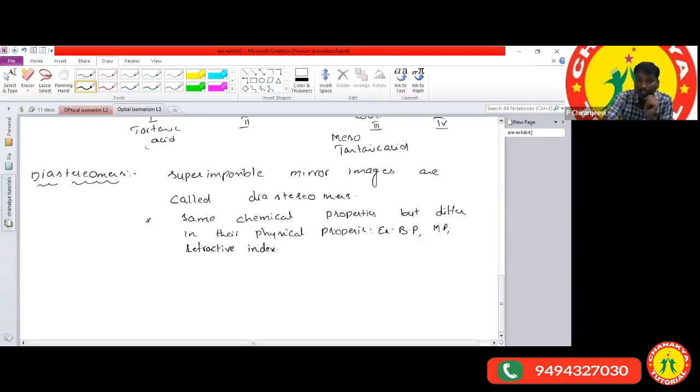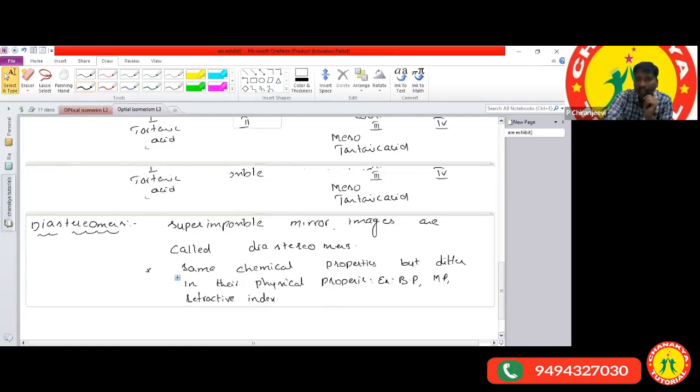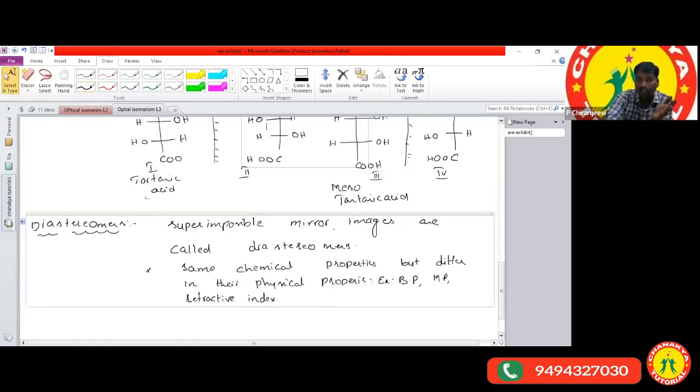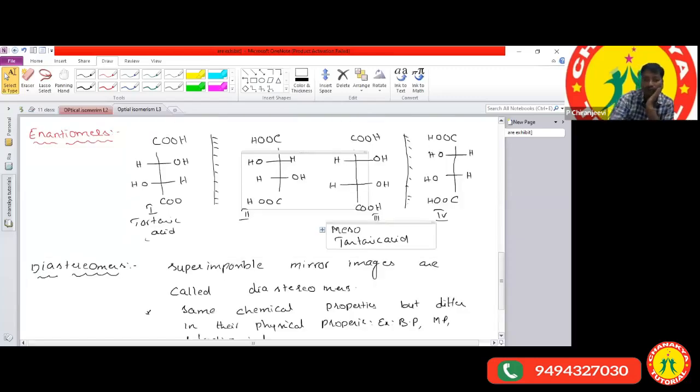Now, based on this, I give 4 structures to you. Which of the following structures act as diastereomers? If even half of the structure is superimposable, we can also consider it as diastereomers.